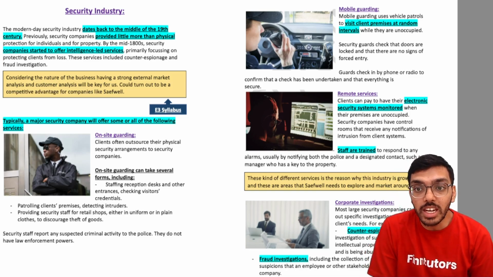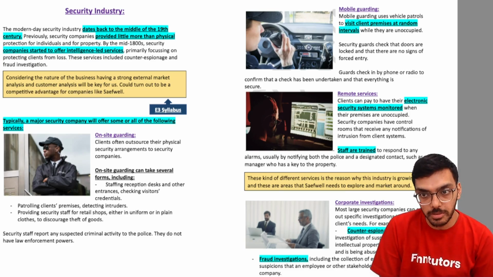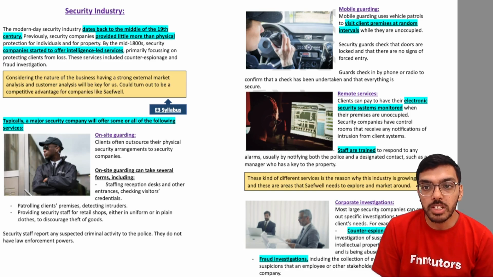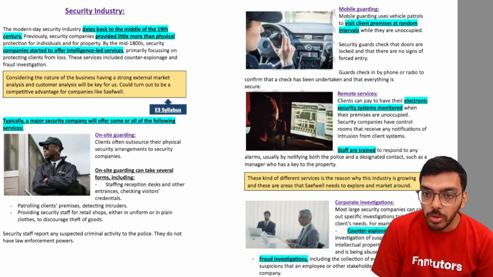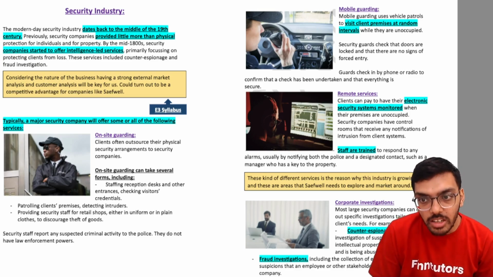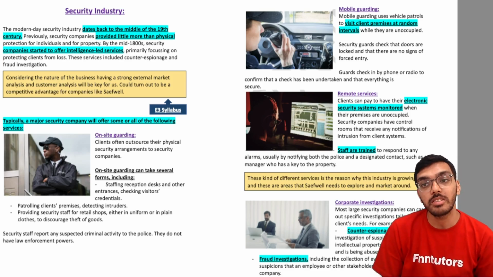Clients can pay to have their electronic security systems monitored when their premises are unoccupied. Security companies have control rooms that receive any notifications if something is going wrong. And staff are trained to respond to any alarms, usually by notifying the police and a designated contact such as a manager.